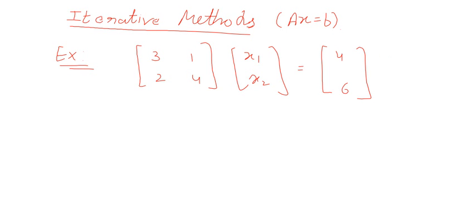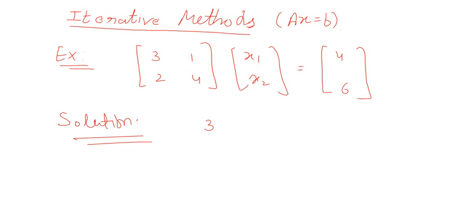It's very clear that x1 equals 1 and x2 equals 1 is the solution vector for this system. Now if you write this in the following form, I have two equations.